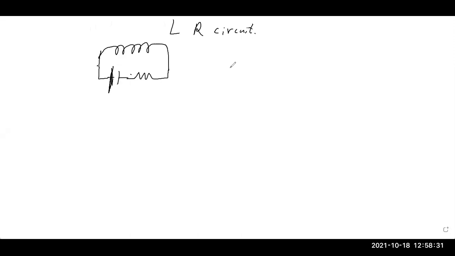So if you've got resistors, capacitors, and inductors, two or more of them together in a circuit, the kind of circuit is named by what elements are in there. Inductors are measured, their variable is L. So if you've got L and R in a circuit, it's just called an LR circuit. If there's capacitance in there also, it would be an LRC circuit because you've got capacitance, inductance, and resistance.